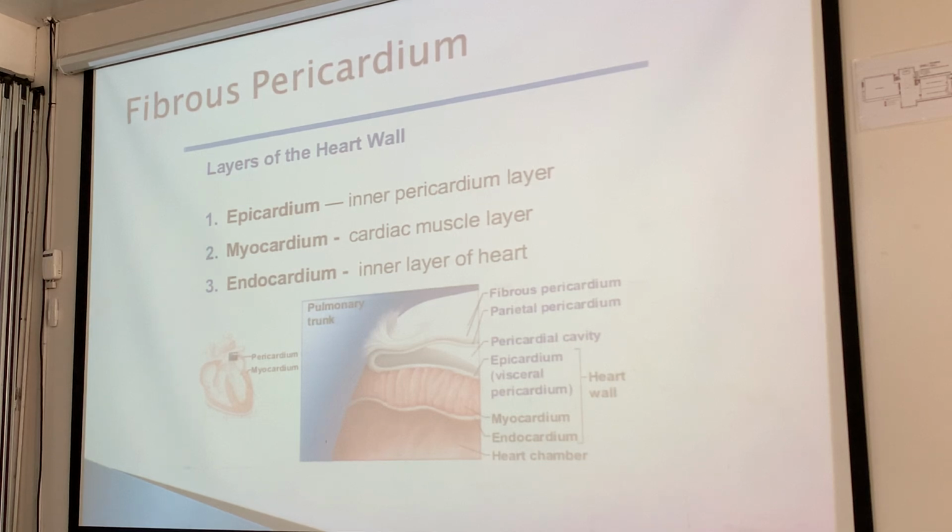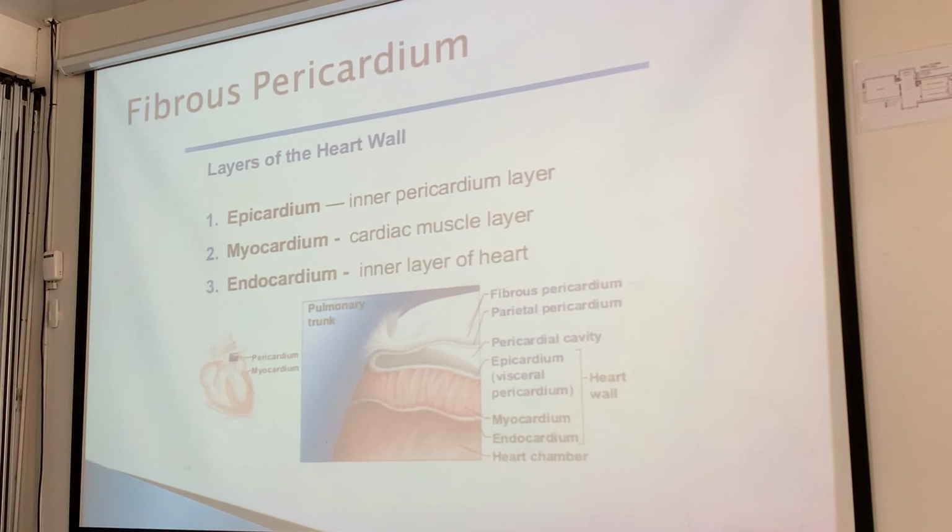But before we go into that, we have to review again the layers of the heart. Take note, we have to look at the layers of the heart in correlation with the pericardium. So we review: the inner pericardial layer is also known as the epicardium or the visceral layer of the serous pericardium.